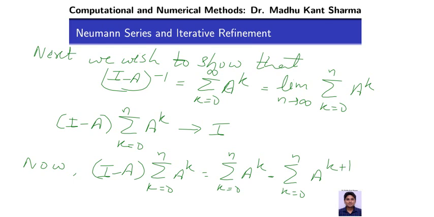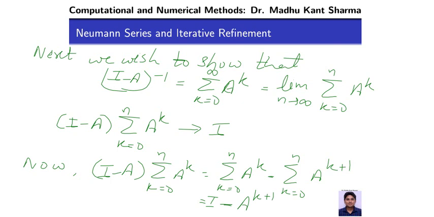And if you expand all the things, what you will get is I minus A to the power n plus 1, right?